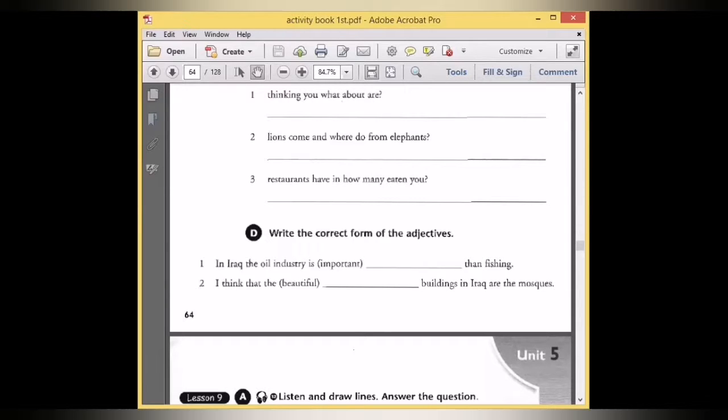So if we have an adjective made out of three syllables, how to form a comparative adjective out of this adjective? Now, this is the question. Now, who is first? You should answer me now. How to form a comparative adjective out of important.